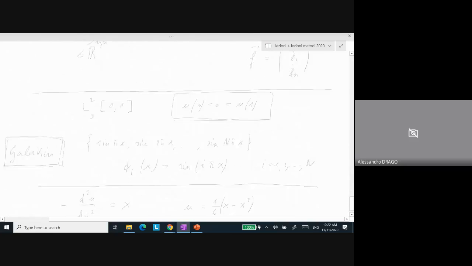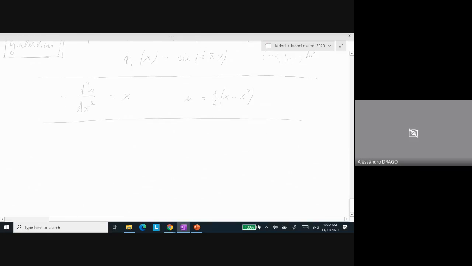In this case, A(u, v) is just equal to the integral between 0 and 1 of du/dx times dv/dx dx.